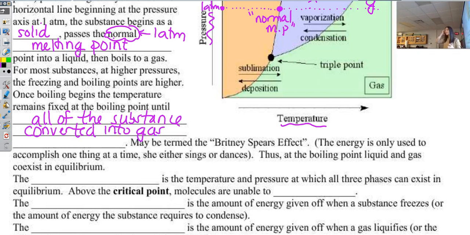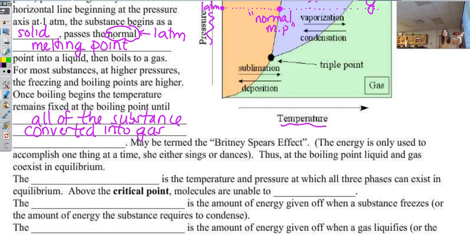And remember, the only difference between saying gas and vapor is what? If it's a vapor, normally at room temperature, it's a liquid, and you would have to actually increase the temperature to get it to boil. But gas is the more general term. If it's a vapor, that's when they use that term.